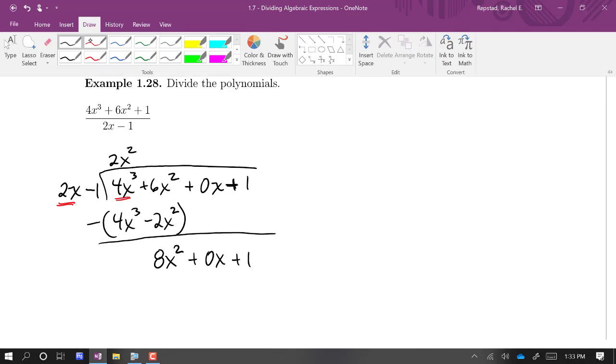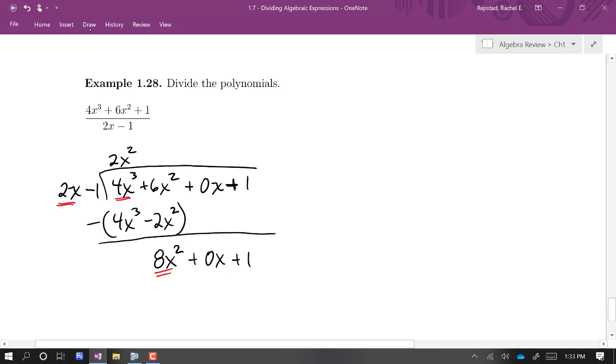Now I start over. What do I multiply by 2x to get 8x squared? That is 4x, a positive 4x, so my next term is plus 4x. I take that 4x, I multiply by the divisor, I get 8x squared minus 4x. Now right here, this is why I put in that plus 0x in the middle.